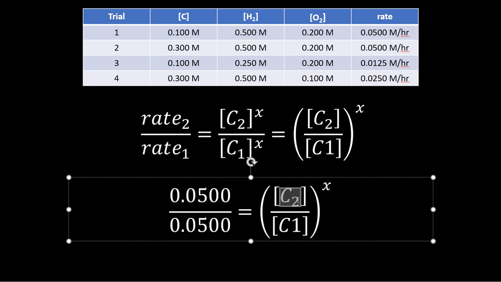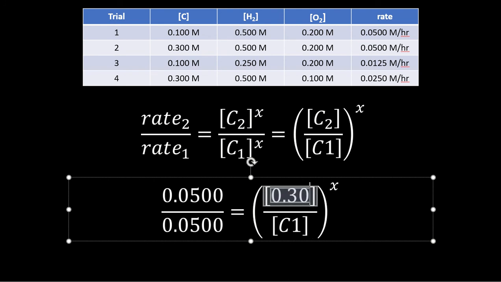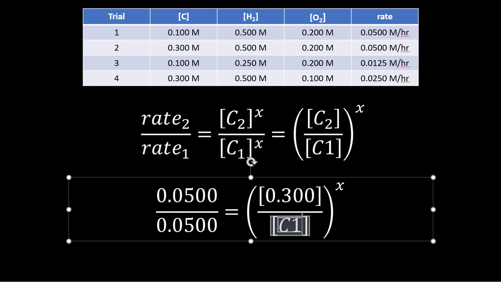The concentration of carbon in trial 2 is 0.300 molars, and in trial 1 it is 0.100 molars.